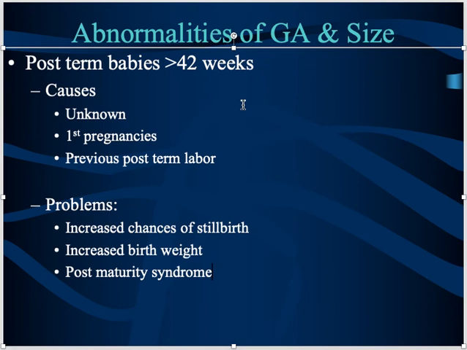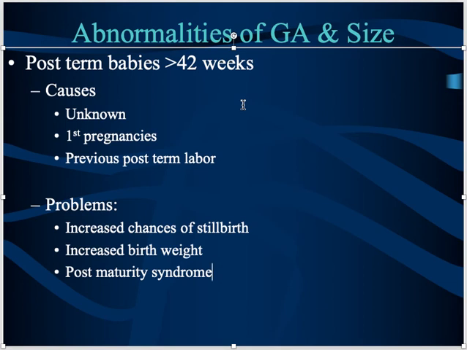And one of the tests they do is called Doppler ultrasound. What they do is keep on checking the blood flow in the umbilical cord, or you can say the arteries and the veins.